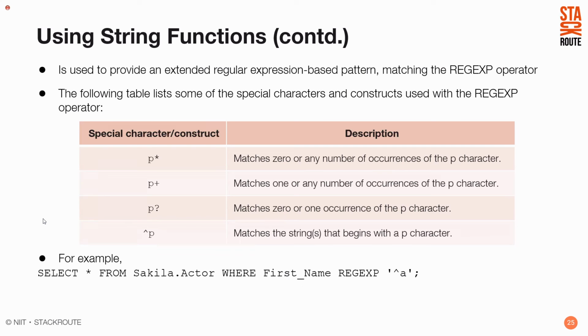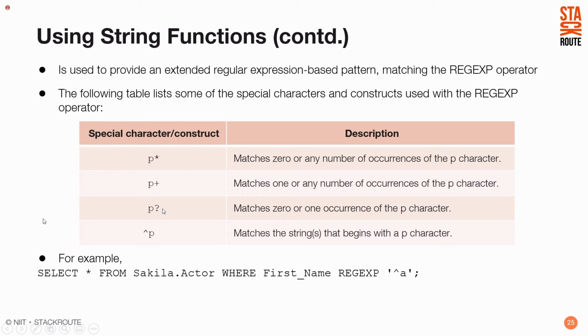Wherever it matches with P, either none of the time or any number of times. P plus indicates it should match at least once, followed by any number of pattern matching. P plus, it should have P, whereas question mark indicates any occurrences of P in my string.